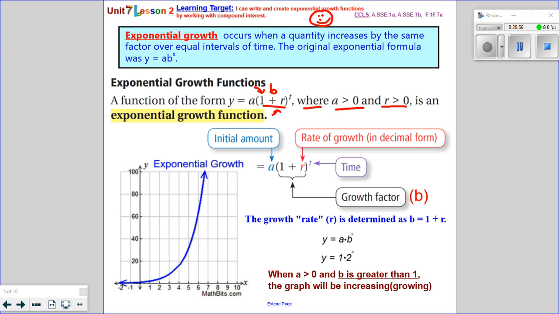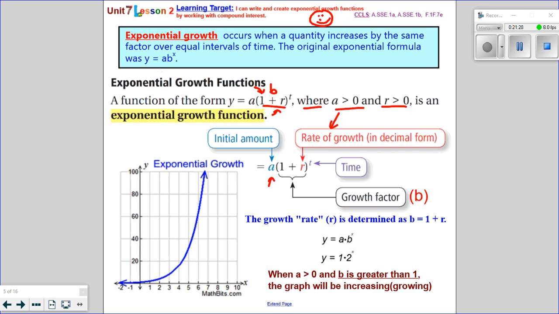And that's it, all right? So it's an exponential growth function. The initial amount is A. The rate of growth in decimal form, you have to convert every percentage into a decimal. And t is the time. So the 1 plus r is the growth factor altogether. So you have to know how to read that. B is 1 plus r.